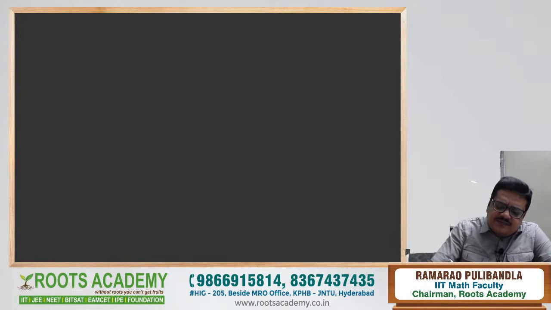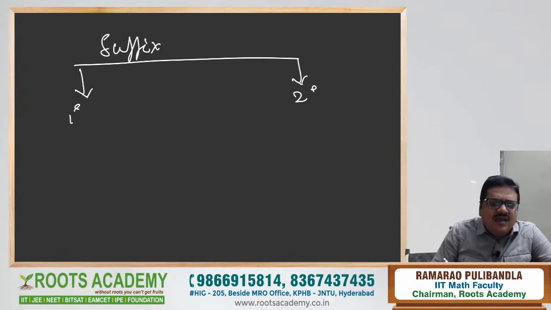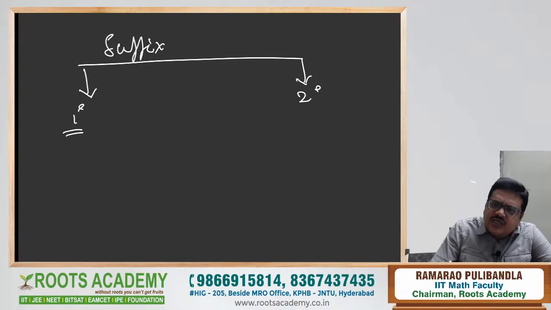Now, suffix. Suffixes are mainly divided into two types: primary suffix and secondary suffix. We'll give the priority order. Now, primary suffix means nature of carbon.